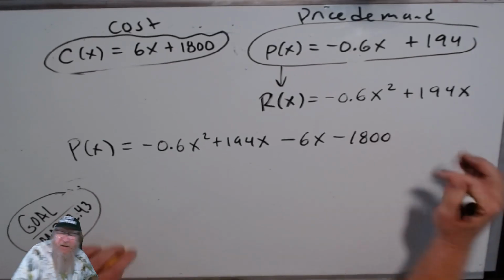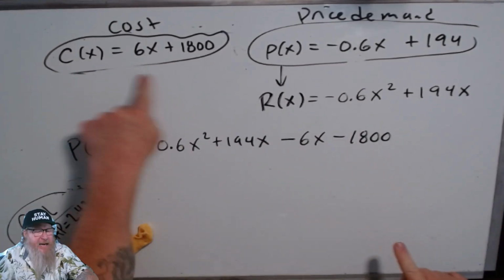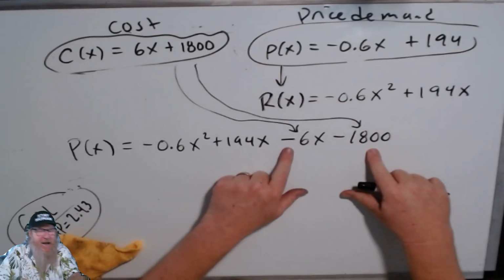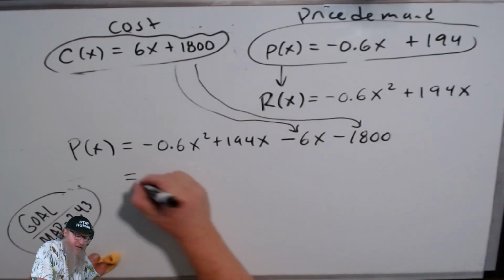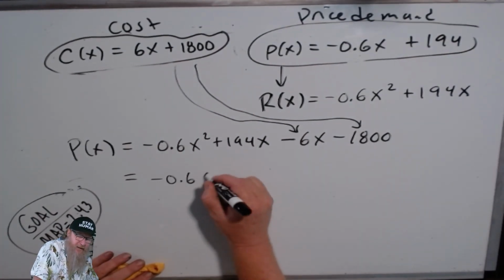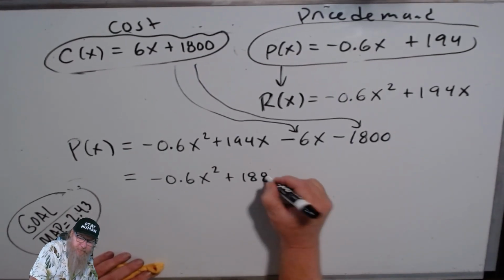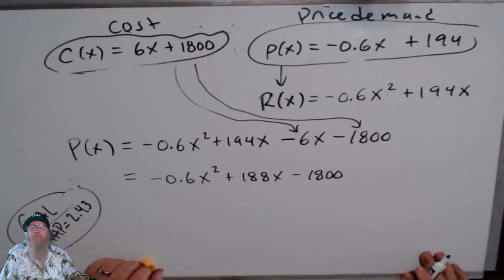And remember, I said put parentheses around the cost or just distribute the negative as you write it down. So as I wrote it down, I distributed the negative and changed those signs. So this gives me my profit function.